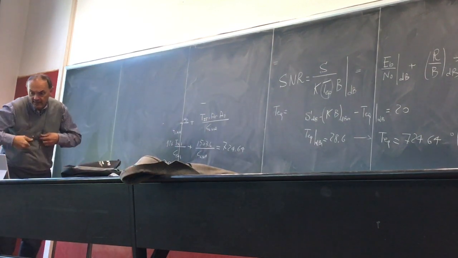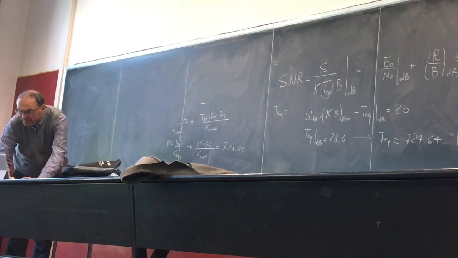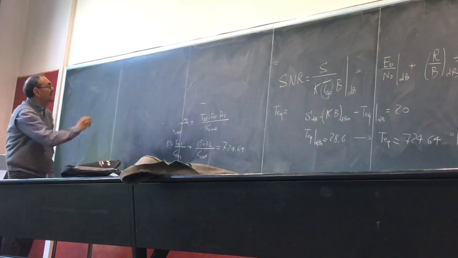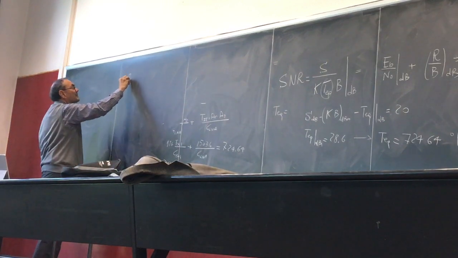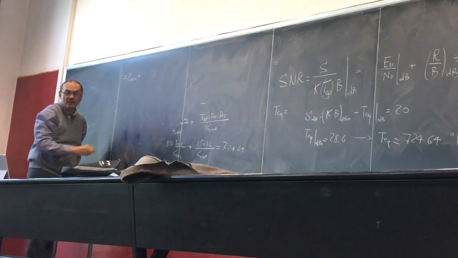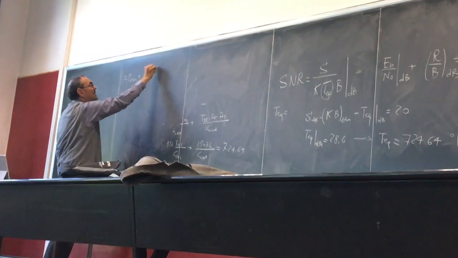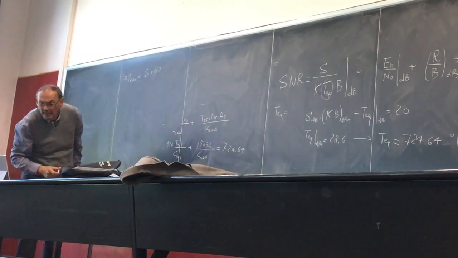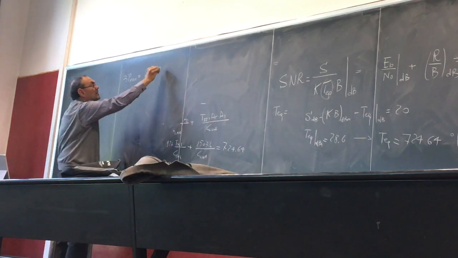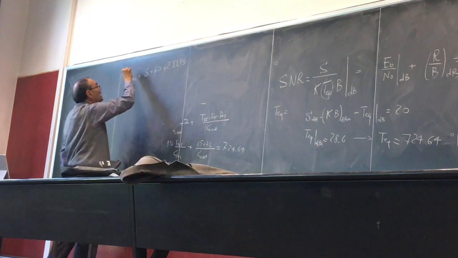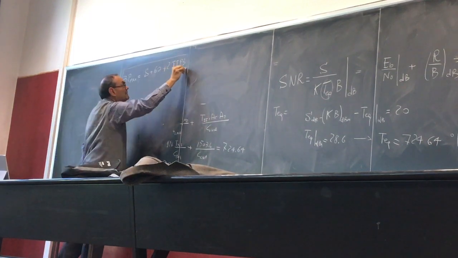Our equation is this one: 3 P max equal to S plus 60 plus 2 IIP3. This is our equation, okay?